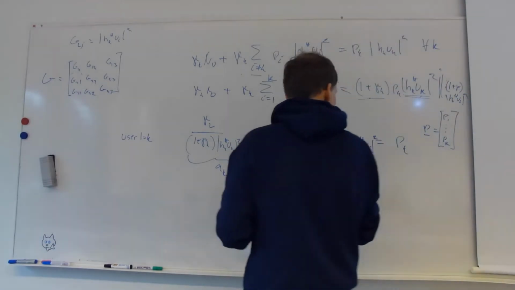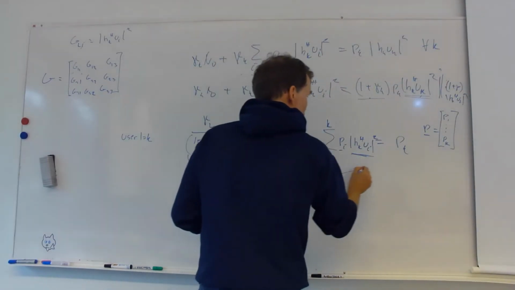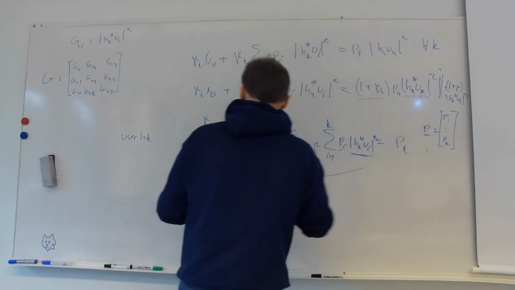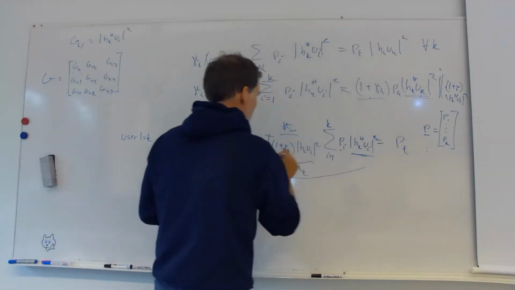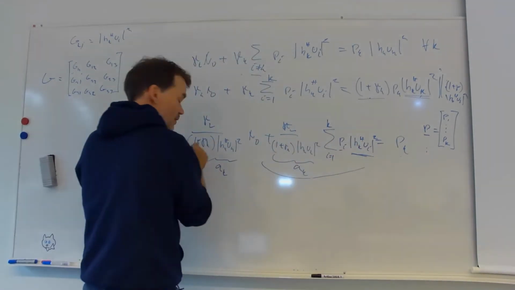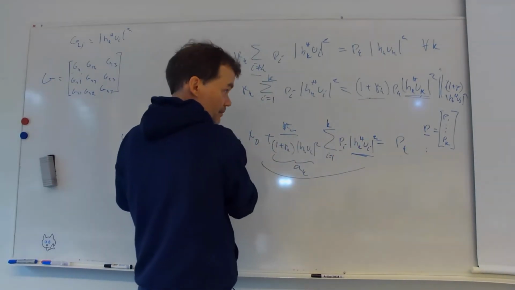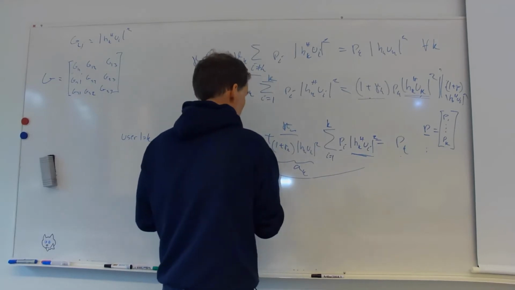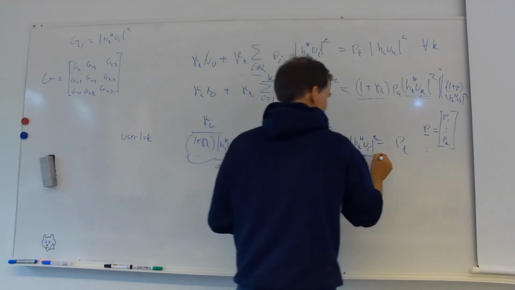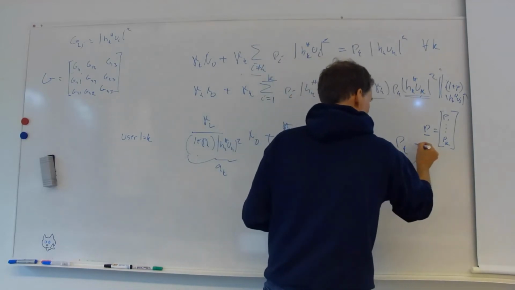We have to do some reordering. Actually, we move this term to the other side. So we can rewrite this as p_k minus this term equals this, right? Well, just take this term over here, minus.